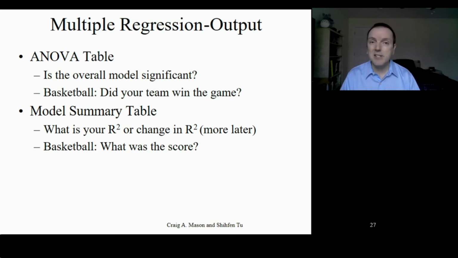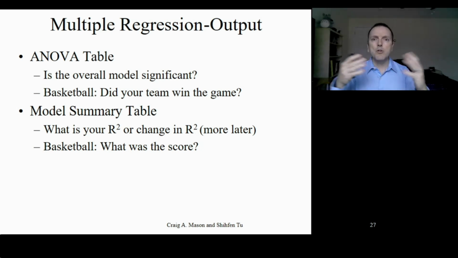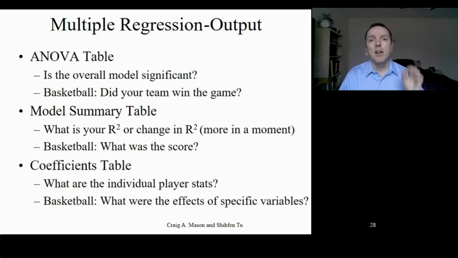But it doesn't tell you whether the variance was statistically significant. The F-test in the ANOVA table answers that question. And you'll often see those two pieces of information reported together. The coefficients table is where you get the individual statistics for each of your predictor variables. What's their regression coefficient? Is it statistically significant?